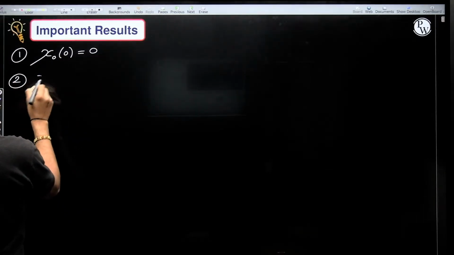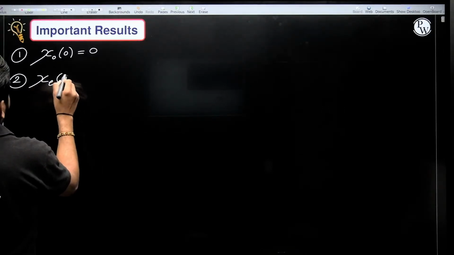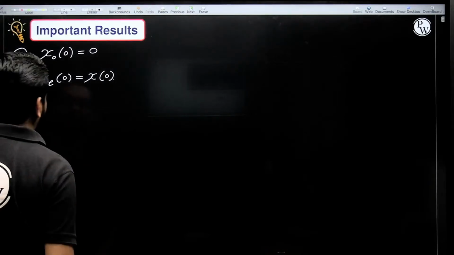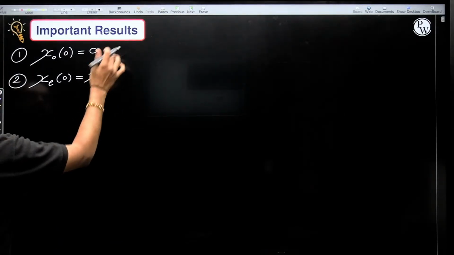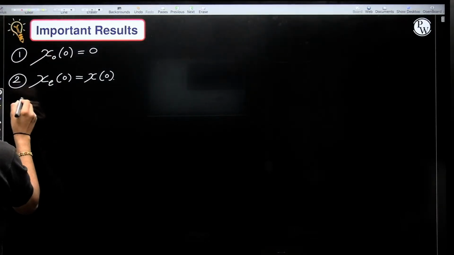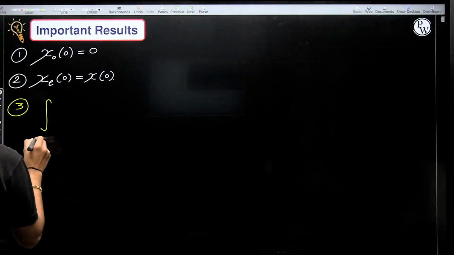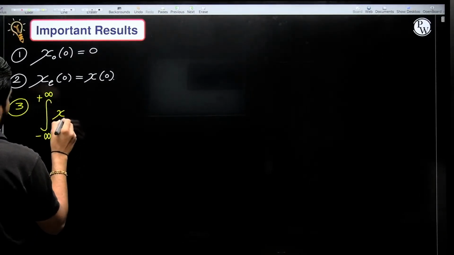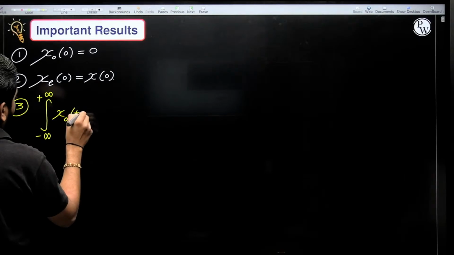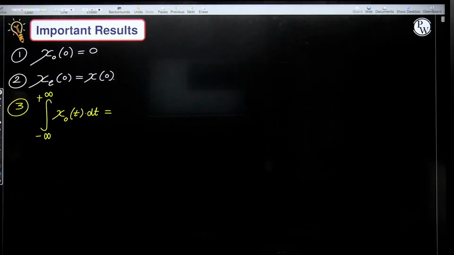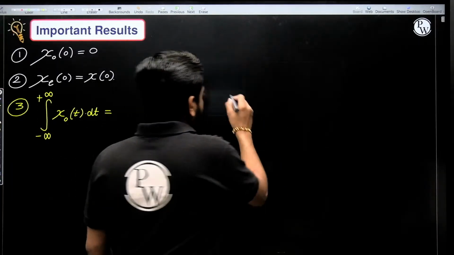And the value of an even signal at origin is nothing but the same as x of t value at origin. Already we have seen. Fine. Now third important result, guys: integration of odd signal from minus infinity to plus infinity. Answer, tell me. 0 or non-zero? Integration of odd signal. Suppose this is the odd signal.